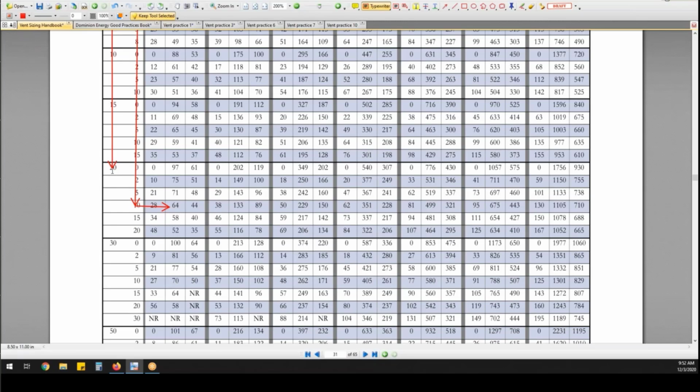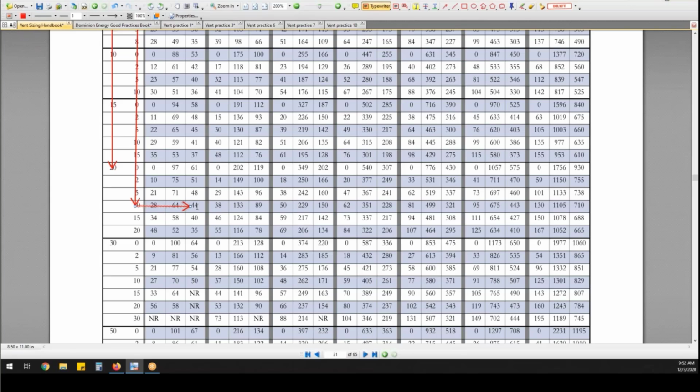Okay. I was at 22 feet, so I came back down to 20 on my height. My lateral was 7, so I go up to 10, because I know if it'll work at 10, it will work at 7. Now I've got to come across and find what will handle 35,000 BTUs.